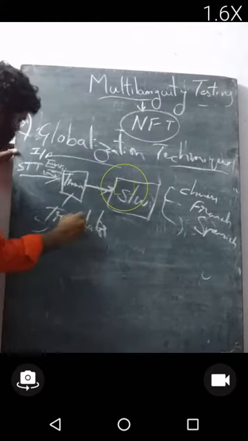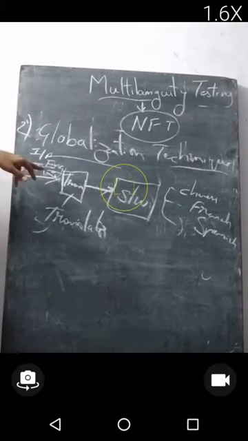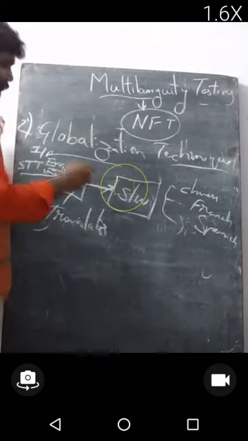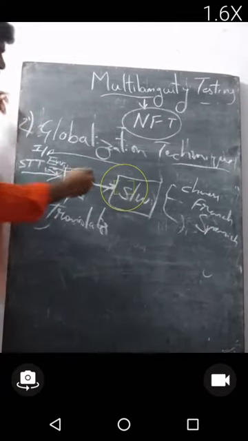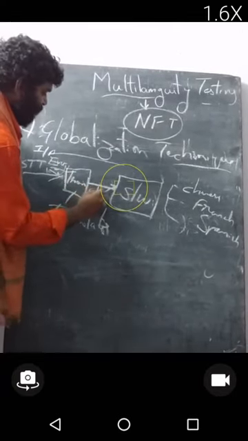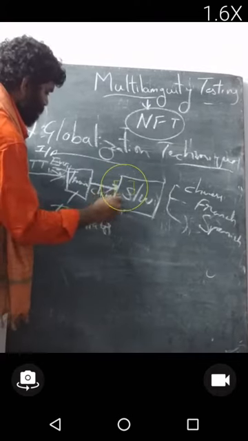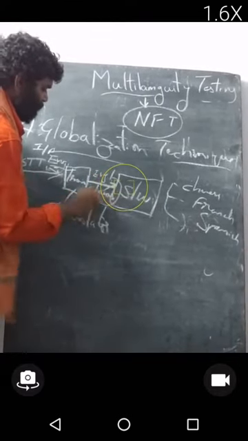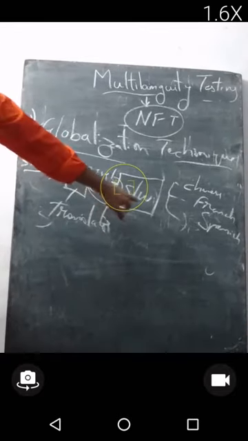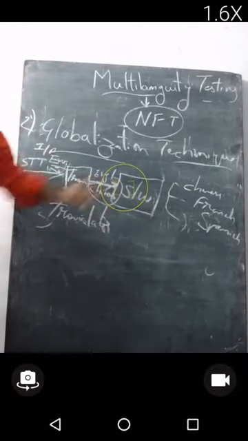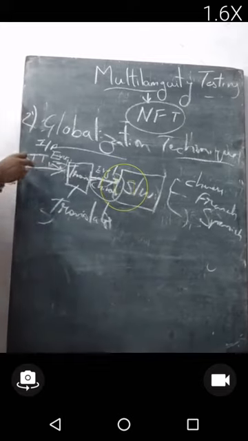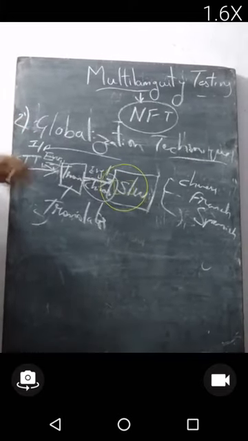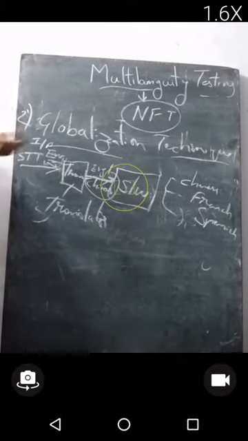Using this translator software, the input he is providing in English will be converted to the required language. Suppose the requirement is Chinese, then English is converted to Chinese language, and the Chinese language will be taken as input by this software. Understood?